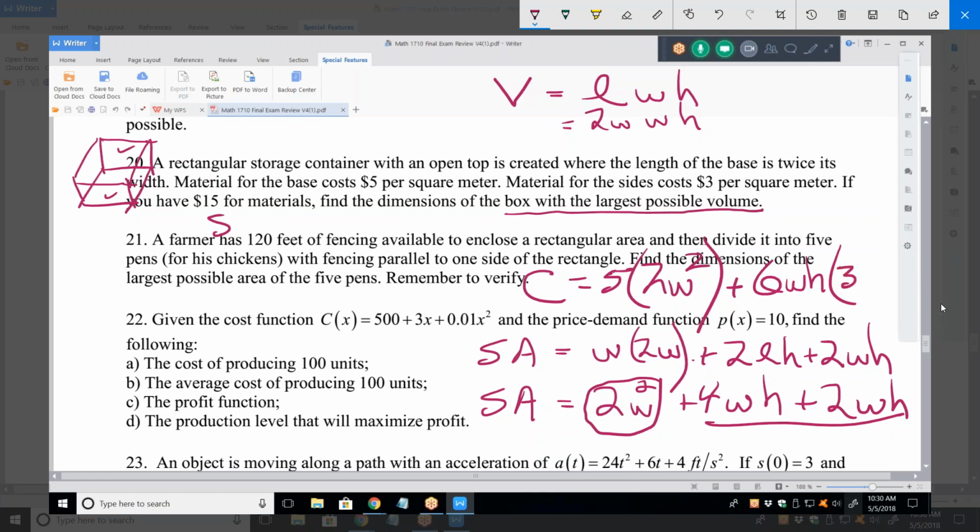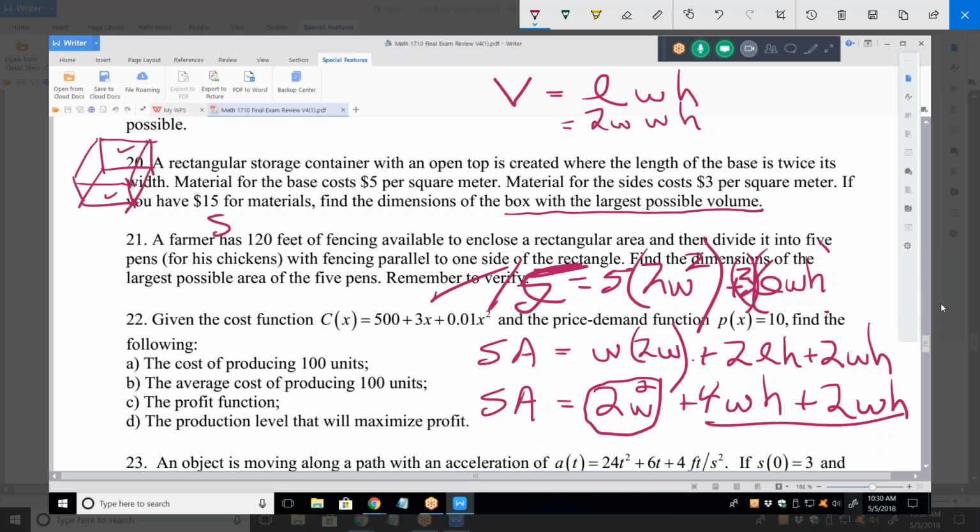All right, let me write that up here so it's not confusing. So there's the cost of our material. And notice that it's totally a function of W and H right here. And we know what the cost is, 15. So I can substitute that.